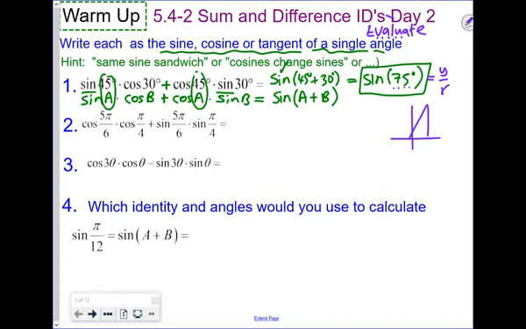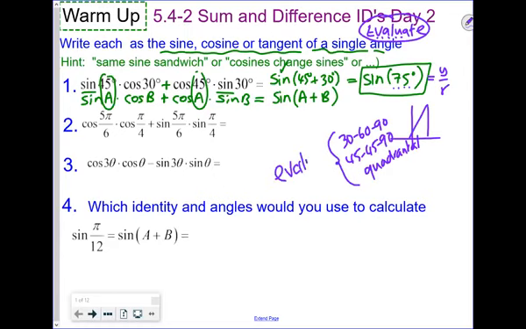We can only ask you to evaluate if the angle you're left with is based on a 30, 60, 90, 45, 45, 90, or if it's quadrantal, okay? That's when we can ask you to evaluate those ones. This one, you couldn't evaluate it. You couldn't get an exact answer. You'd need a calculator, and we don't give you those, okay? So just point out the difference in the questions.